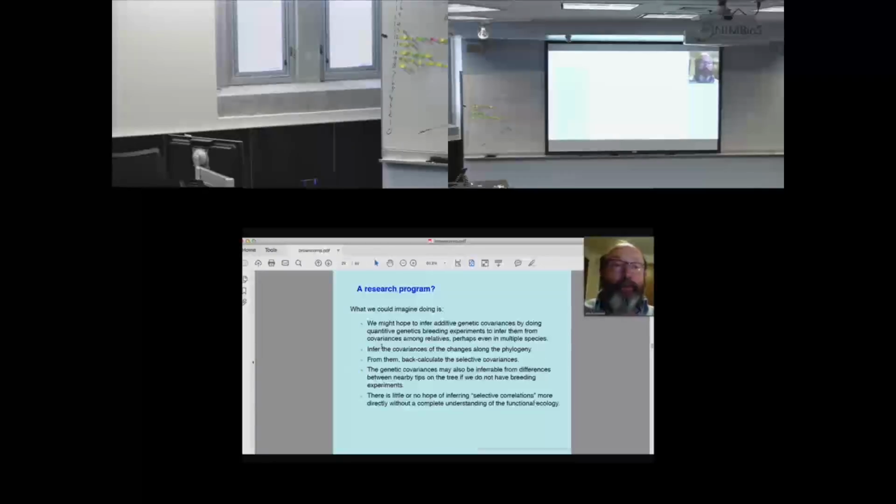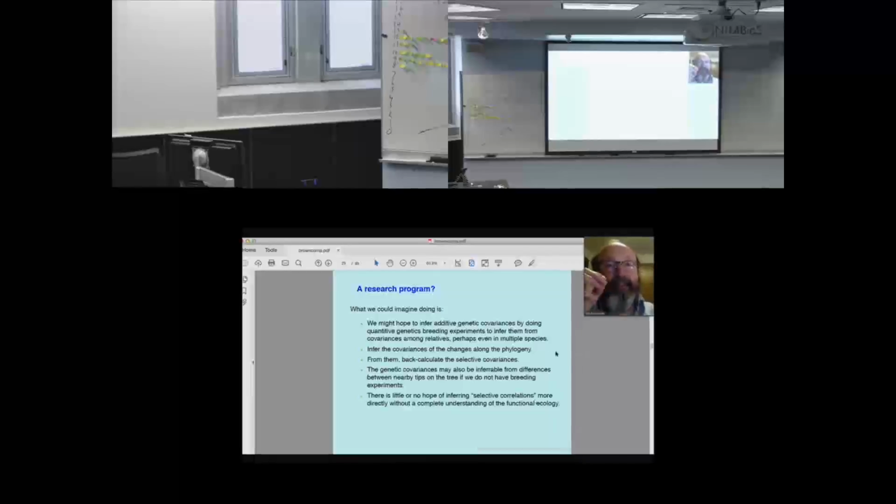You could also imagine somehow inferring the resulting covariances of changes on the phylogeny. So it's the covariances of the responses. And I'll be getting to the comparative method stuff in a moment, where we'll talk about that. And then, of course, Margarita is going to be making that much more real in the next lecture.